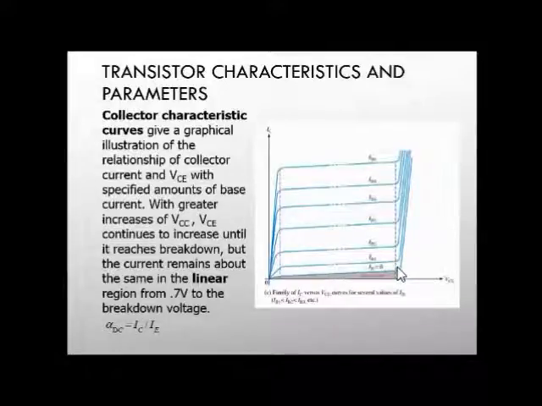So in this case, as long as there is an increase in VCC, VCE continues to increase until it reaches a breakdown point, but the current remains about the same in the linear region from 0.7 volt to the breakdown voltage. And now there is an abrupt rise in the current after this point. So you can say this is the active region, this zone is the cutoff region, and this is the saturation region.